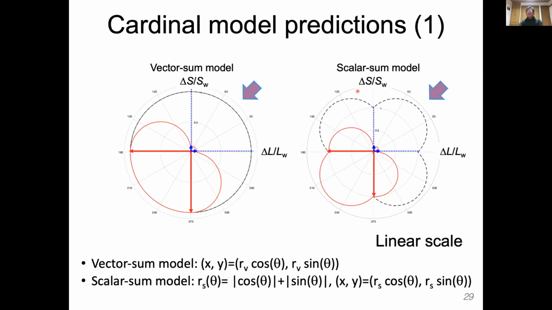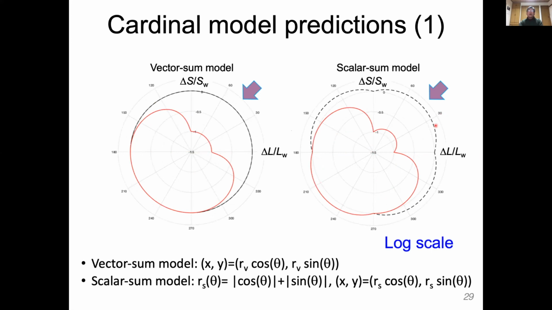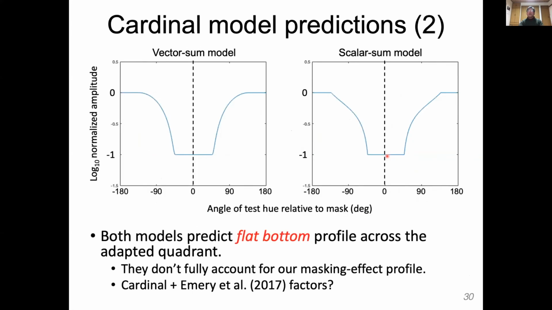The scalar sum model can also predict similar profiles. The dotted black line here shows the condition without mask, and the red line shows the condition with a mask at 45 degrees in this case. By taking the logarithm of each response and taking the difference, you can obtain the predicted shape of the masking function.